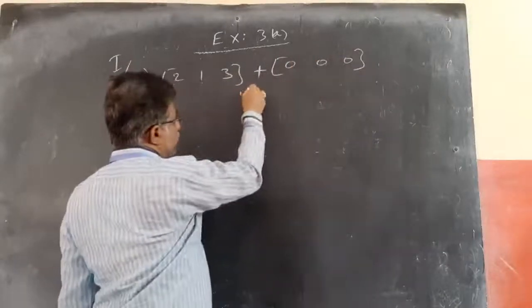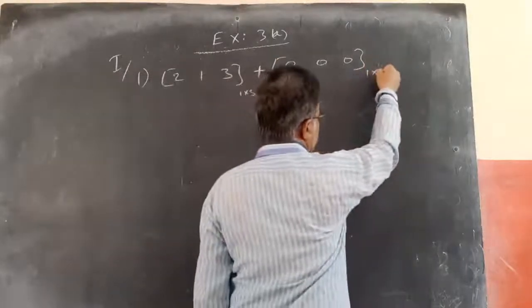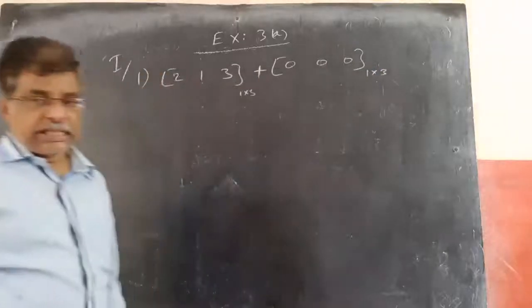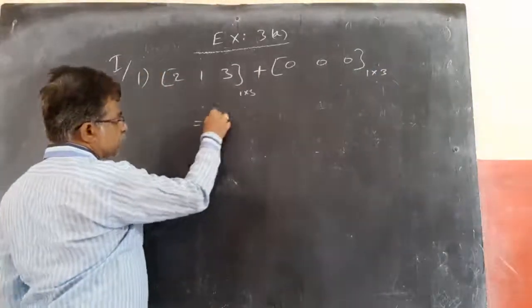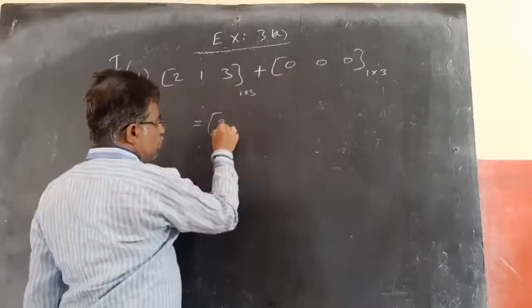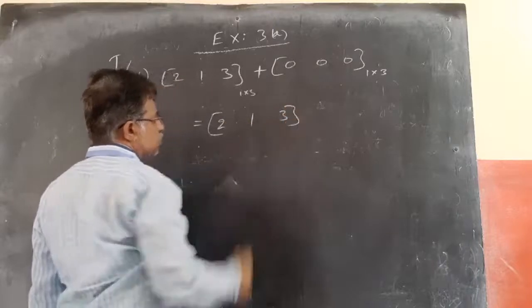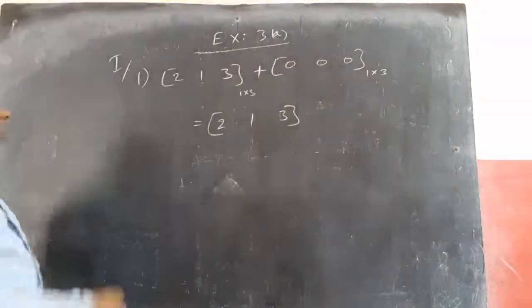Observe, this is of 1 by 3, 1 row 3 columns, and here also 1 row 3 columns. So both are of same size, addition is possible. Addition is nothing but adding the corresponding elements. Means 2 plus 0, how much? 2. 1 plus 0, 1. 3 plus 0, 3. So A plus B equal to 2, 1, 3.